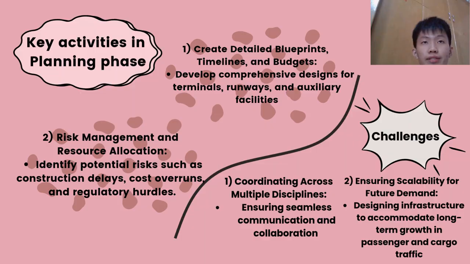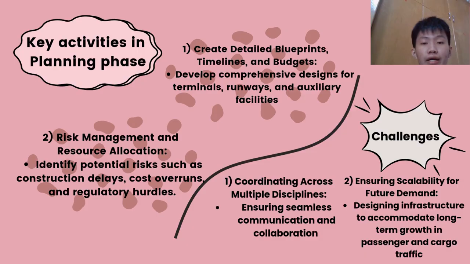In the planning phase, the team focused on creating comprehensive blueprints for all facilities, establishing realistic timelines, and preparing detailed budgets. Risk management plays a crucial role, with potential challenges identified early on and mitigation strategies developed. Resource allocation was another key focus to ensure that materials, labor, and equipment were effectively distributed to meet the project demands.